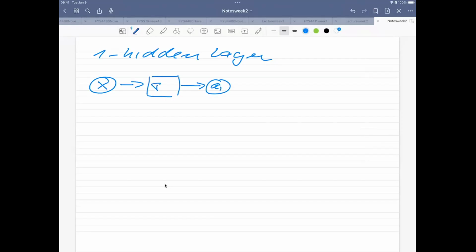So we have a sigma 1 of z1, same as before. This has a bias b1, and there is a weight w1 here. Now this first object you see here, everything which you have in here, this represents the first hidden layer. So we have only one node.